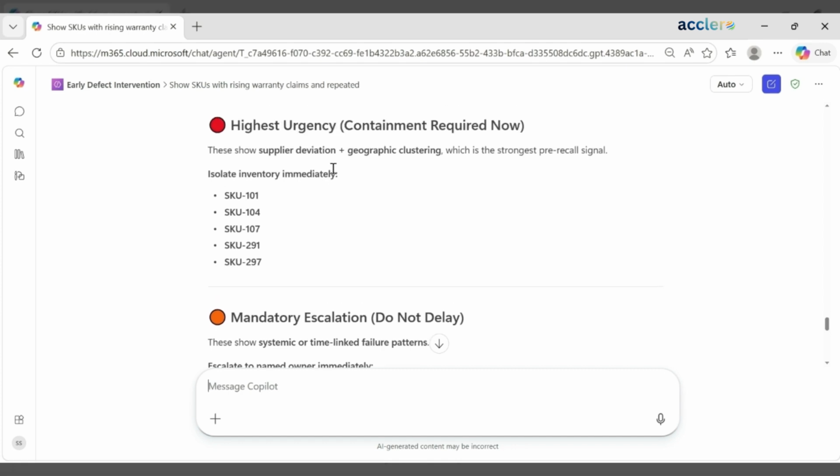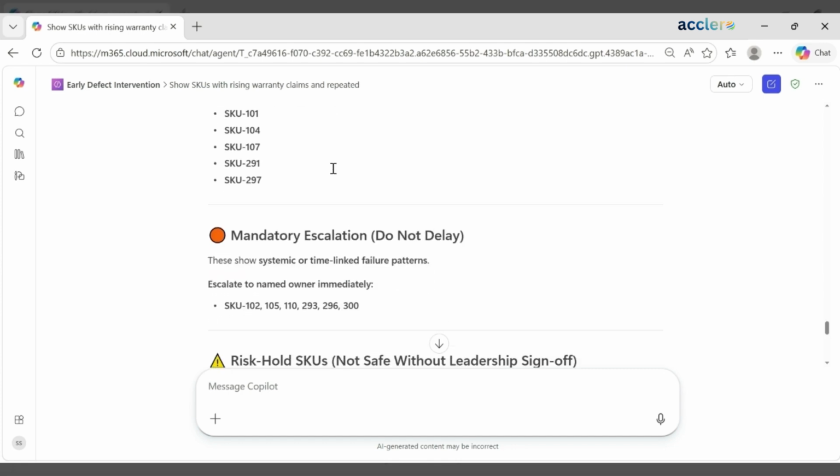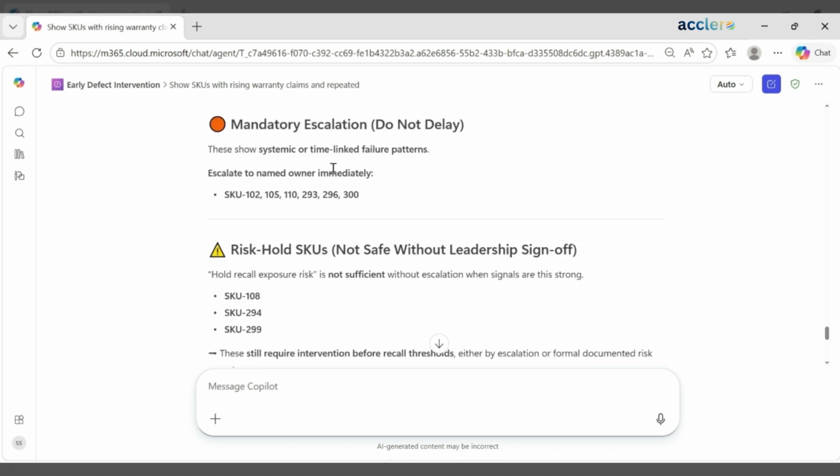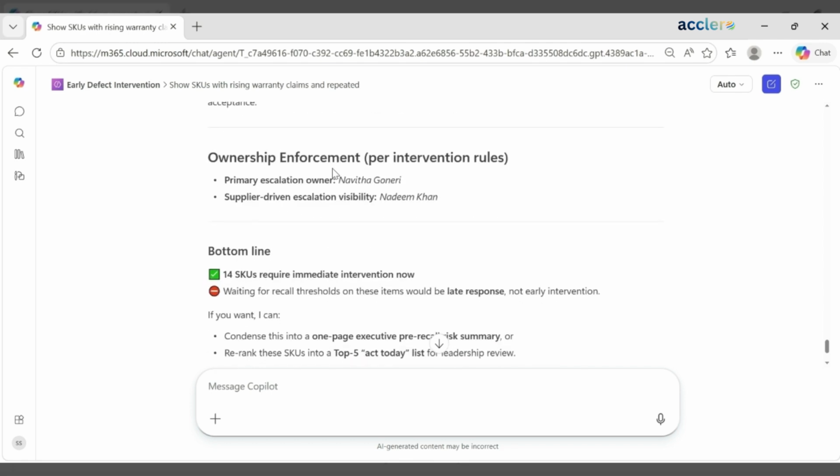So these are divided like: highest or most critical are these five, then mandatory are SKU 102, 105, 1010, then 293, 296 and 300. Then the ones on hold are SKU 108, 294, and 299.